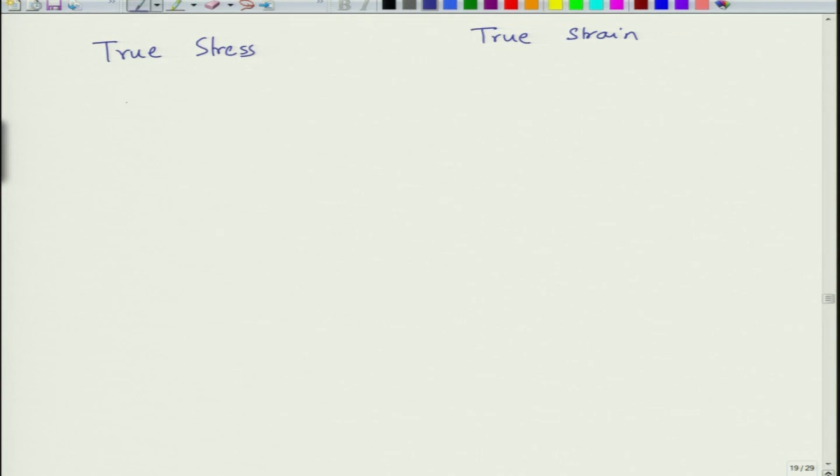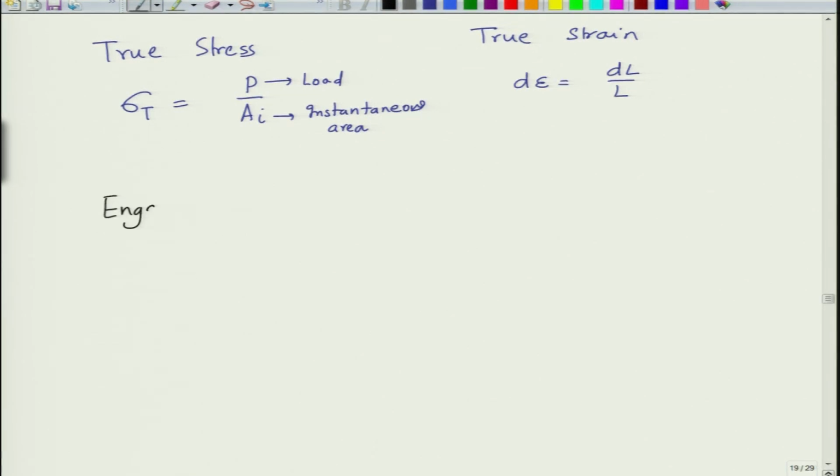True stress sigma T is given as P divided by A i. This is load, this is instantaneous area. And true strain is defined by d epsilon is equal to dl divided by L. On the other hand, engineering stress is given as sigma E, which is P divided by A naught.